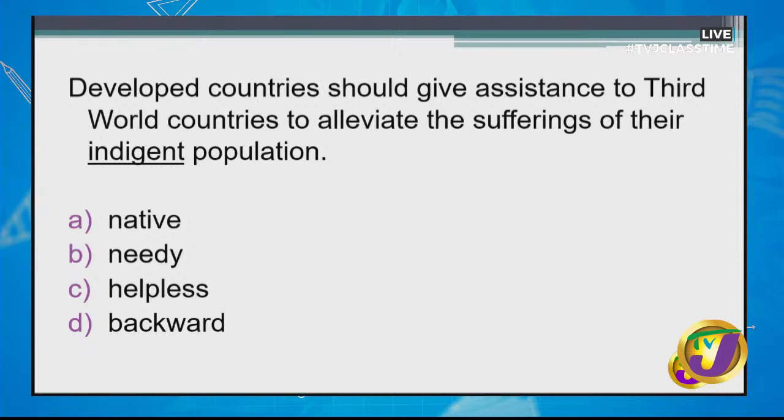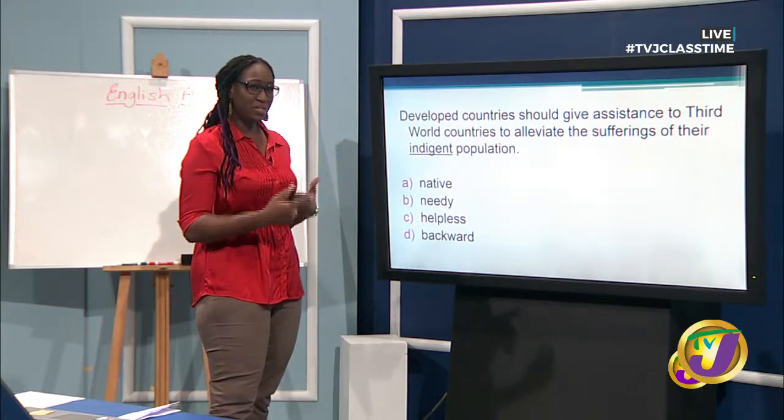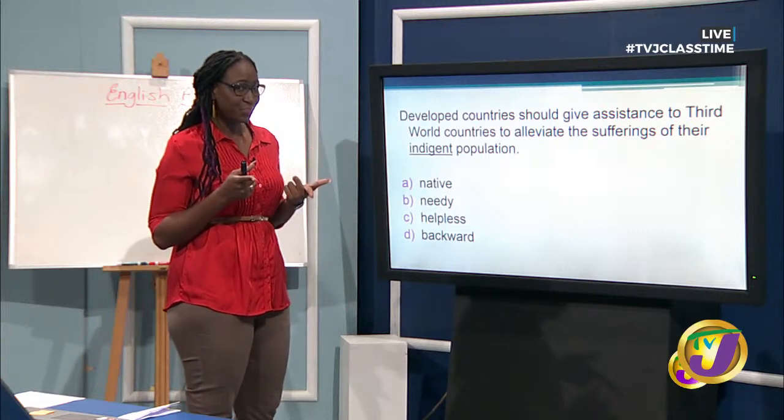So developed countries should give assistance to third world countries to alleviate the sufferings of their indigent population. Now we have watched various news items across the world. We know of developed and developing countries, and we know what is classified as a third world country. So that should help you to get towards understanding what indigent might mean.